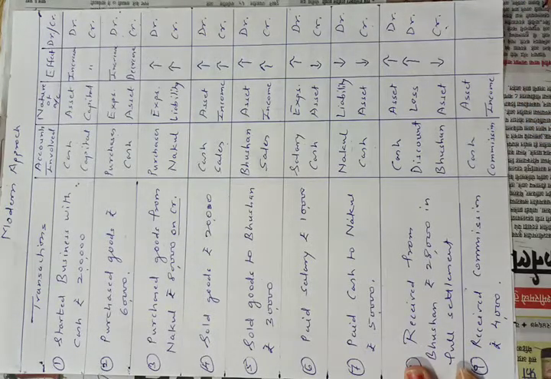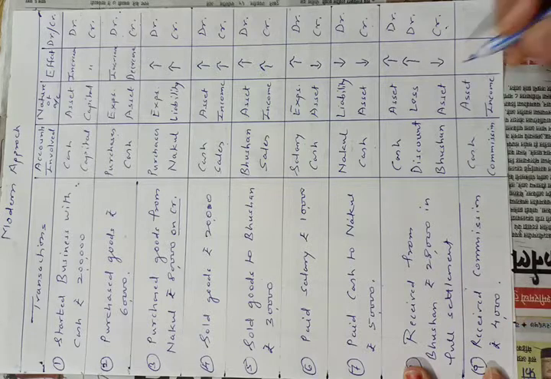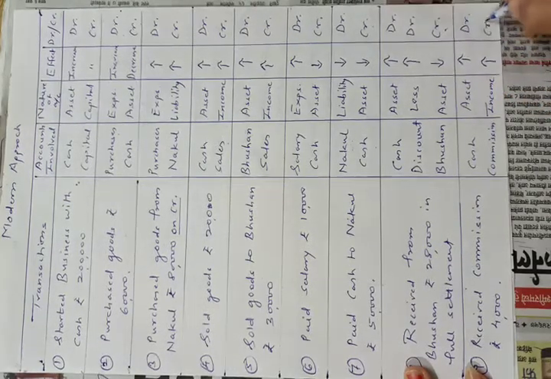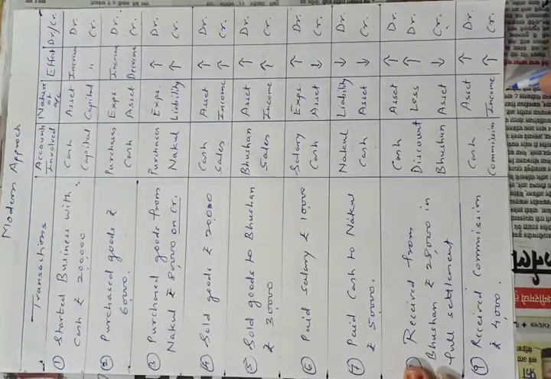Here, as we receive rupees 4,000, our cash increases and our income also increases in that sense. So, now debit and credit. Increase in asset should be debited and increase in income should be credited. So, in this transaction, cash account will be debited by rupees 4,000 and commission account will be credited by rupees 4,000. Okay.